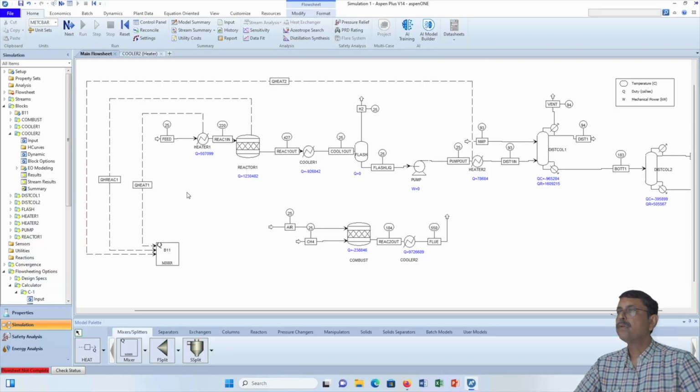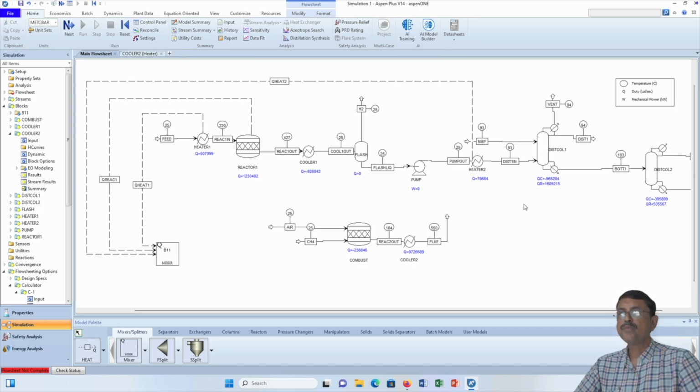Okay, so we are collecting the heat from heater 1. So this is the heat requirement of heater 1. Q heat 2 is the heat requirement of heater 2. And Q react 1 is the heat requirement of the reactor 1.